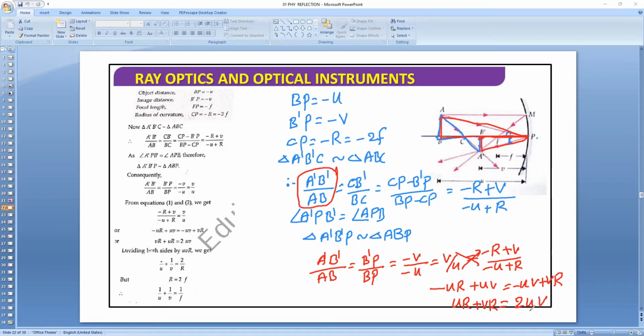UR plus VR is equal to 2UV. Take R common: R(U plus V) is equal to 2UV. So finally, we got R is equal to 2UV by U plus V. What is R? 2F.